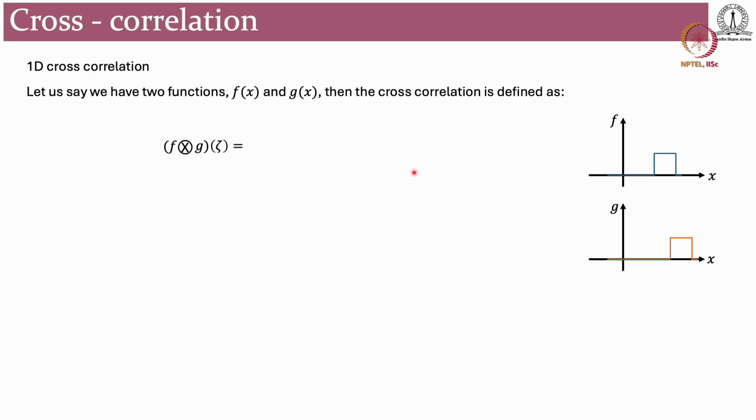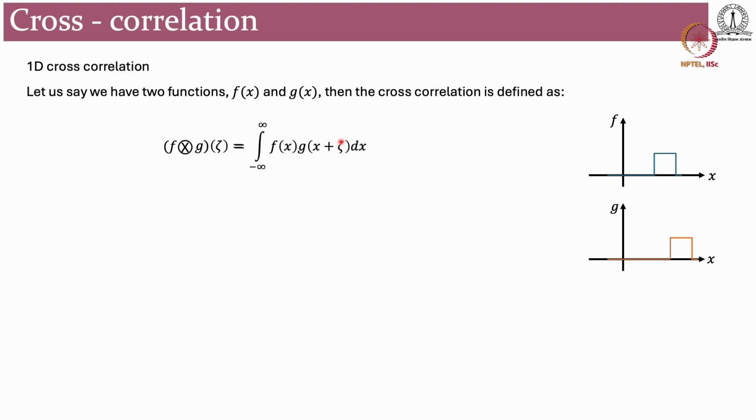Now to write the cross correlation, we use this symbol. So basically f cross g, and this should be a function of say zeta, and it is actually defined as the integral from minus infinity to infinity over the whole domain of f of x into g of x plus zeta.